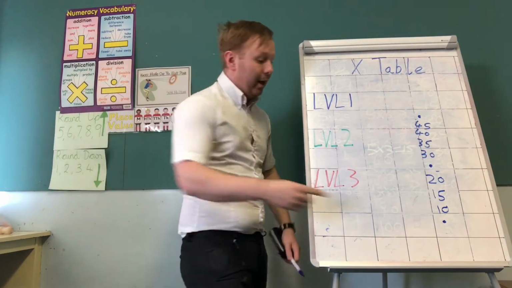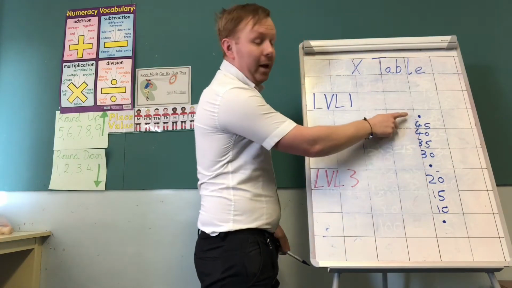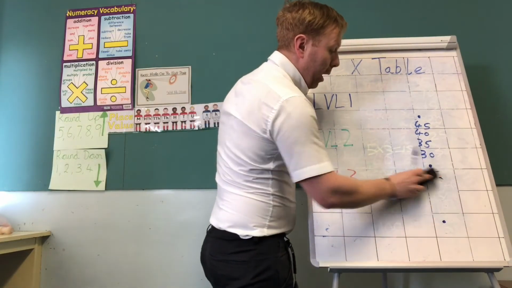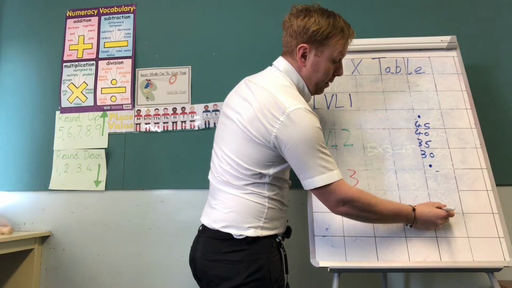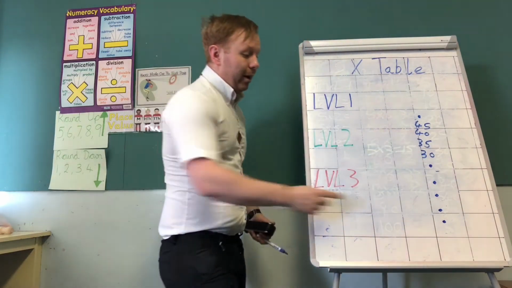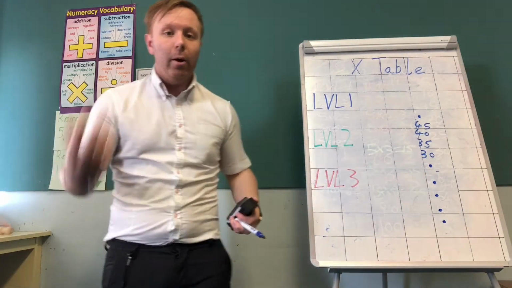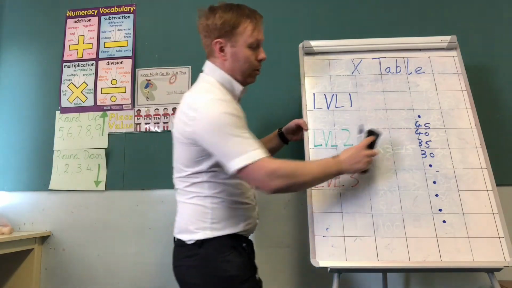Then I'll practice doing it again. 5, 10, 15, 20, 25, 30, 35, 40, 45, 50, and back down again. Slowly I can remove more and more of these numbers, replacing them with dots. 5, 10, 15, 20, 25. So I would then try again. 5, 10, 15, 20, 25, 30. And in time you will get quicker and quicker at being able to count in this order.